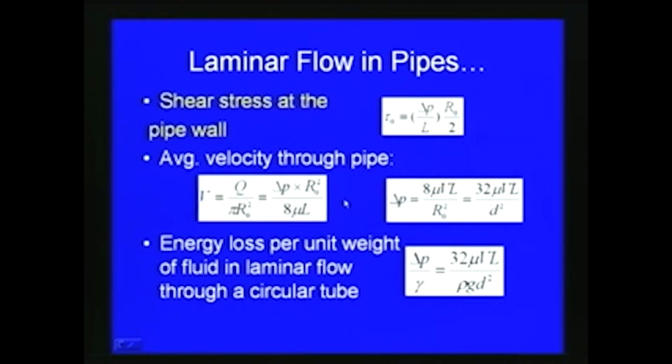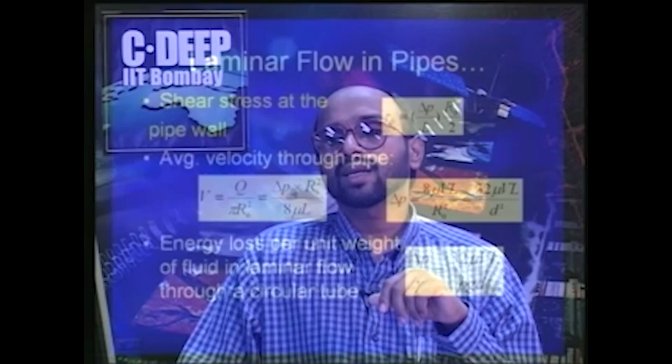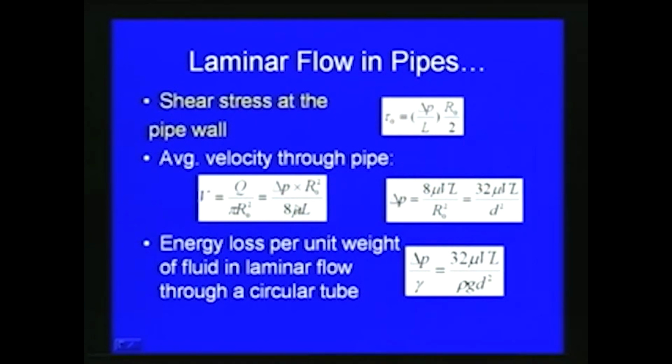Now if you want to find the average velocity, the discharge is known, so we find the area of cross section of the pipe, and discharge divided by area of cross section gives the average velocity through the pipe. We already got V is equal to delta P into r0 square by 8 mu L, by taking Q divided by pi r0 square.